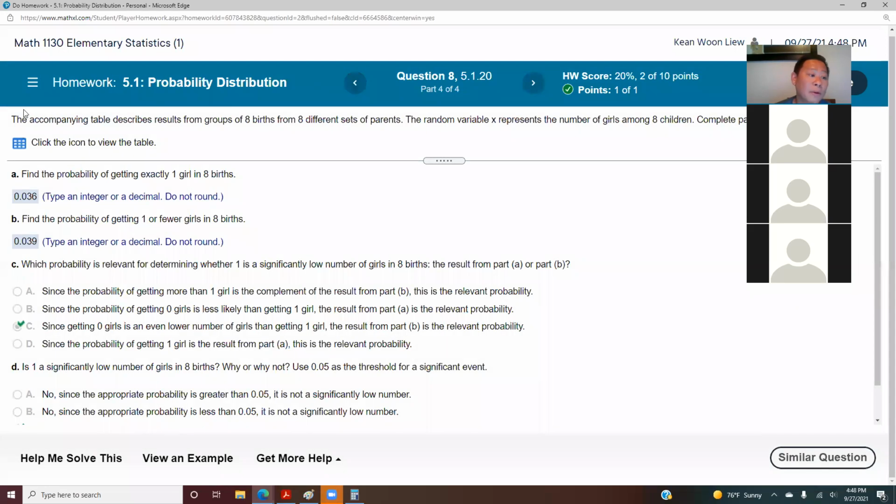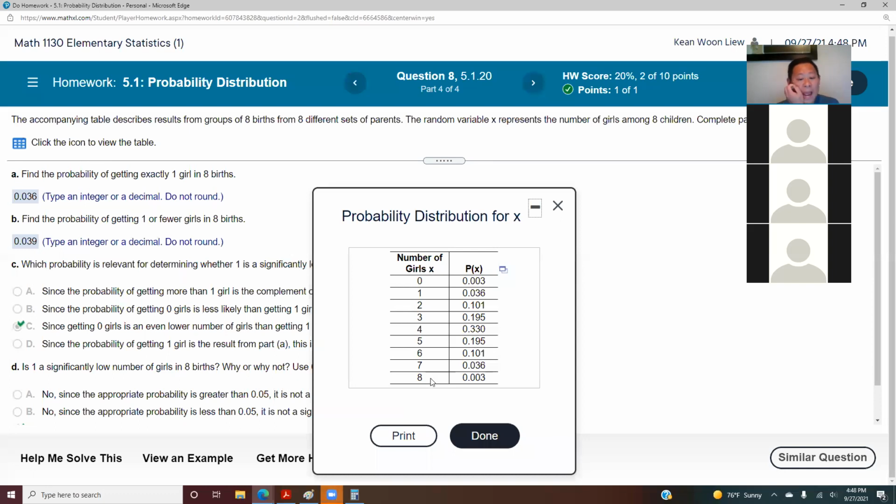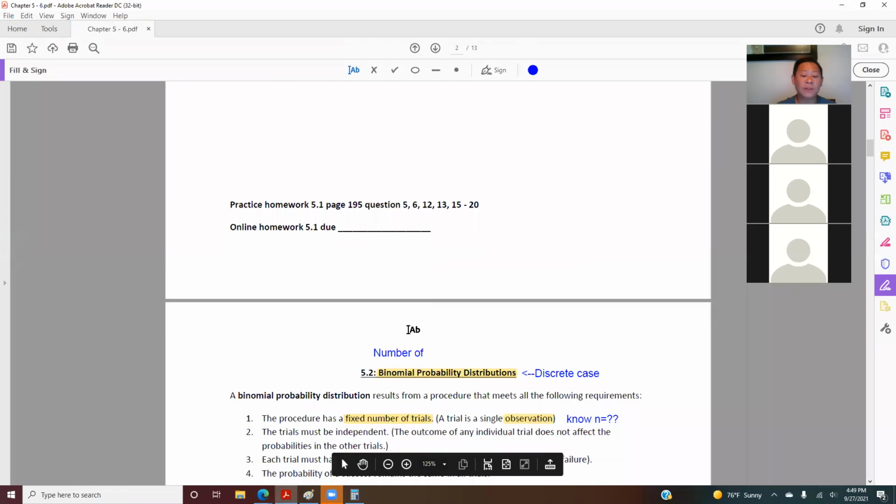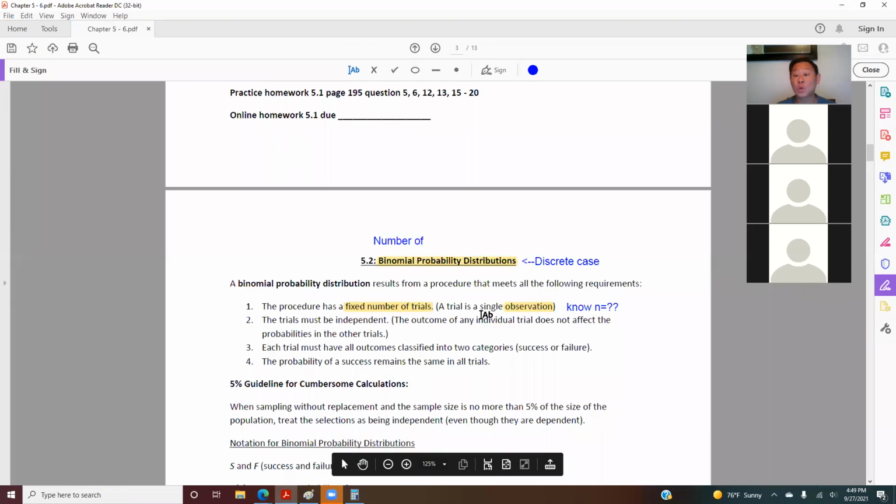Like the one that we did here, your n is 8 because they got 8 births. That means you have 8 trials, 8 kids, and each can be a boy or a girl. So that is what we call n. That is the first requirement: you need to know n, and usually it's given in the question.